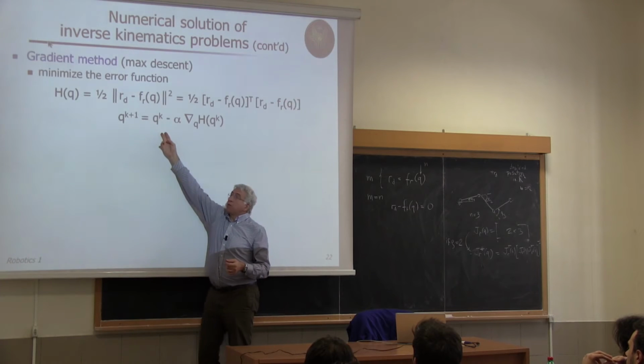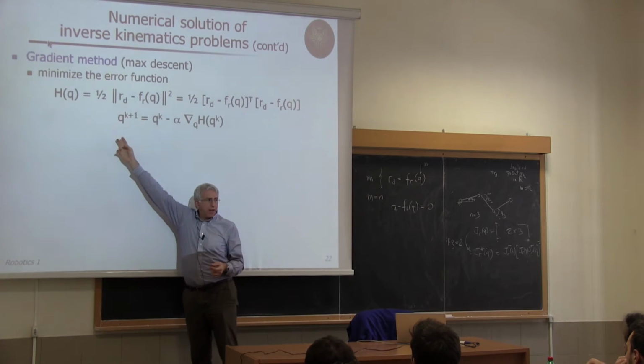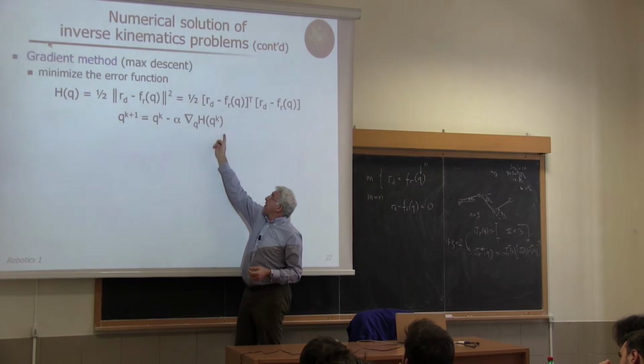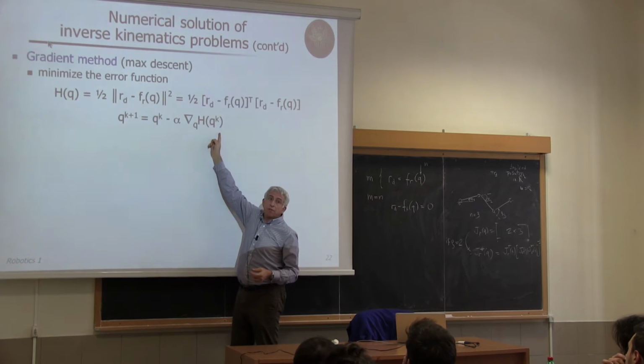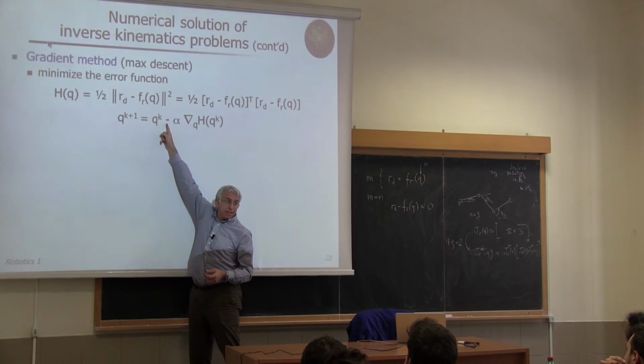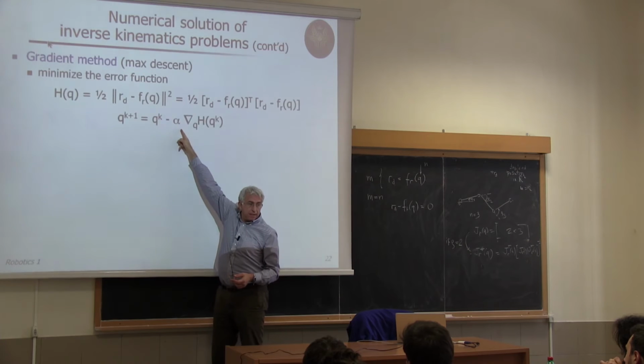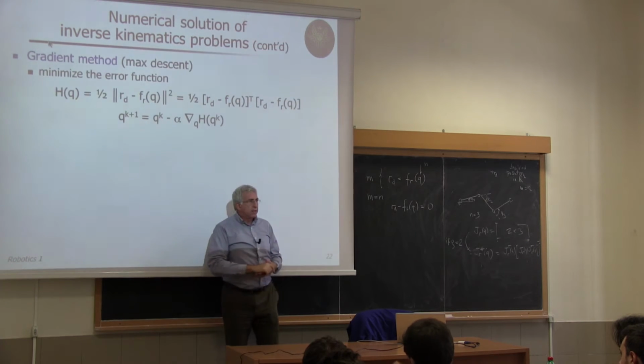An iteration, so you have a guess, q of k, and the new value is the previous value, but you make a step in the direction of the gradient, actually of the negative gradient, by a step alpha. And step alpha should be decided.